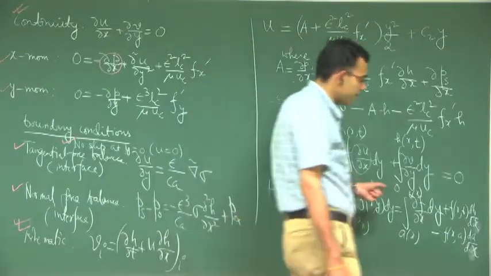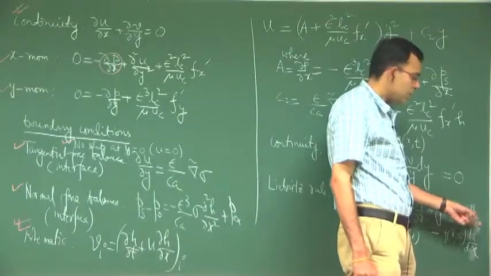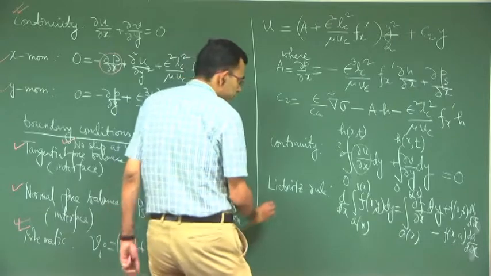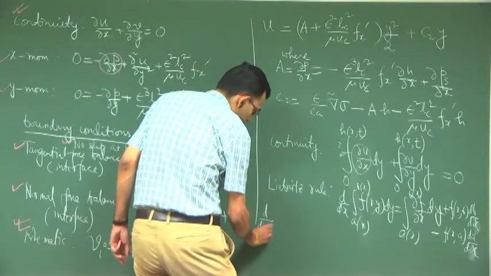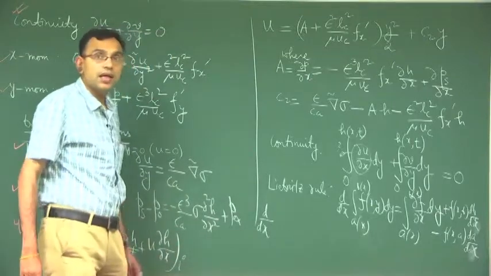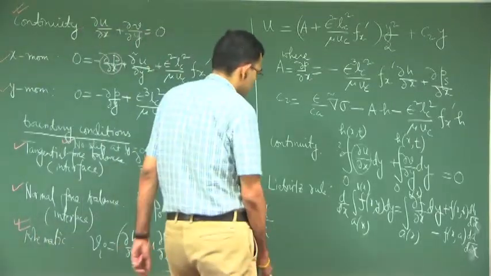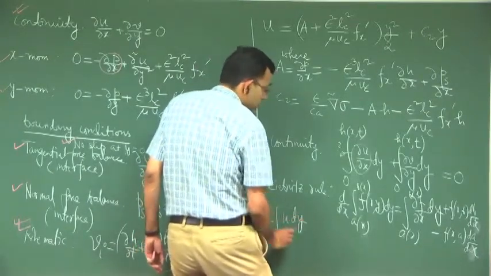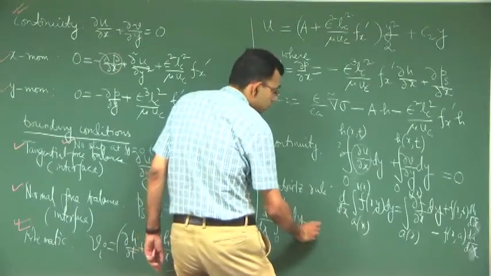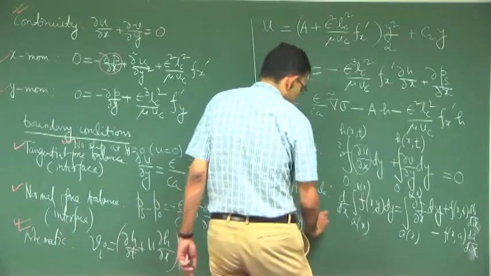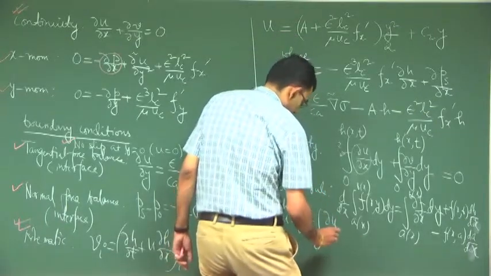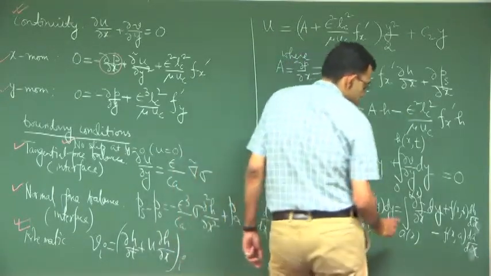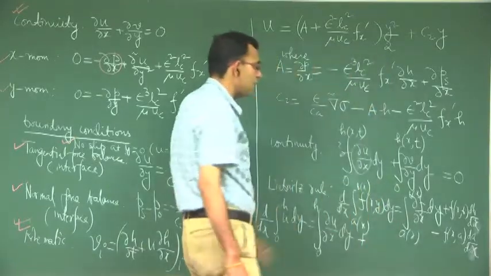So, the only difference is, instead of ordinary derivatives, these will appear as partial derivatives. So, you write d dx of... f here is u.